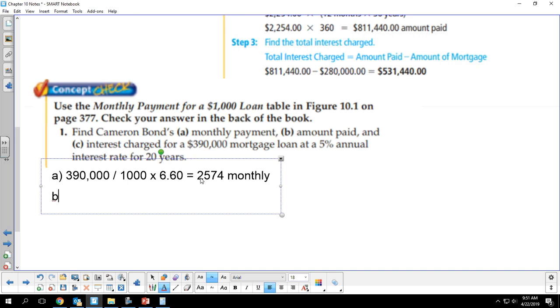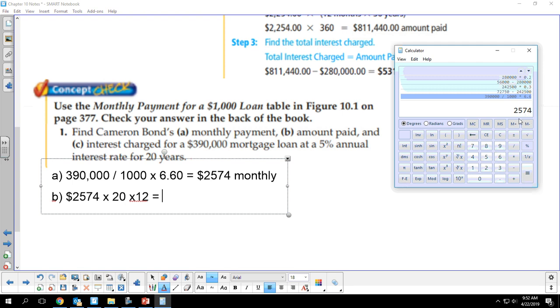Okay, so we're going to take that number, the $2,574, and we're going to times it by the amount of time we're taking the loan out for. So that's 20 years, and there are 12 months in a year. I'll put a dollar sign so you guys can see that we're talking money here. Okay, so the calculator goes 2,574 times 20 times 12.